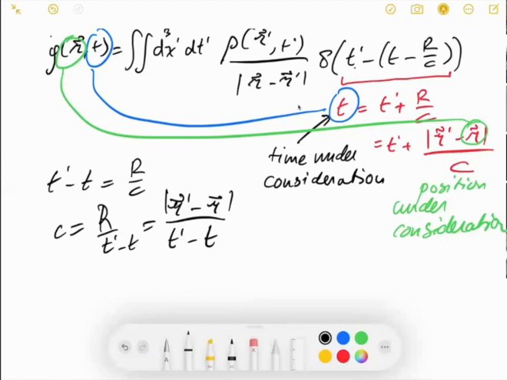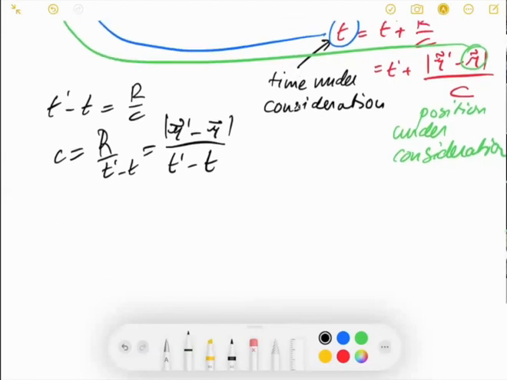All right, so t prime here has a name. So t prime is the retarded time, and sometimes also called t sub r.